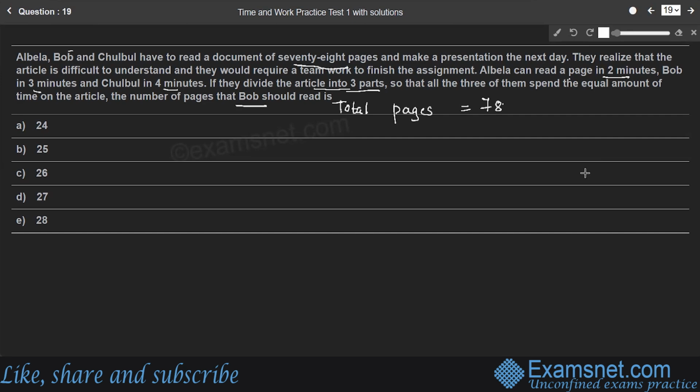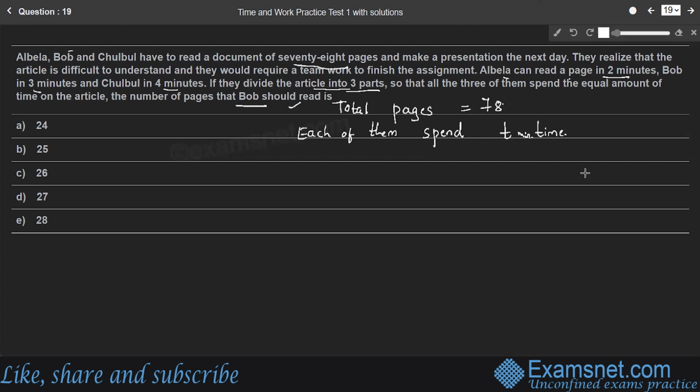So let each of them spend t minutes of time to read. Here the question is, the number of pages that Bob should read is.